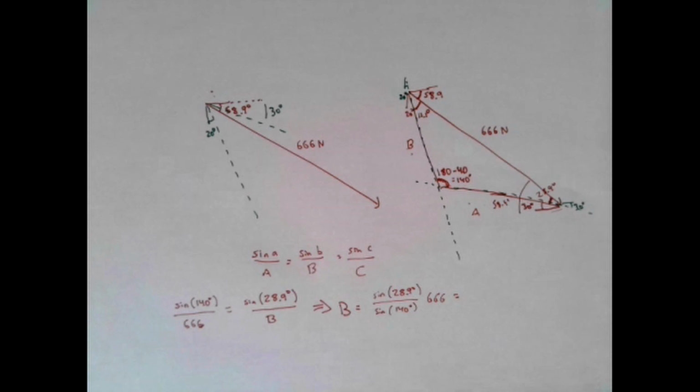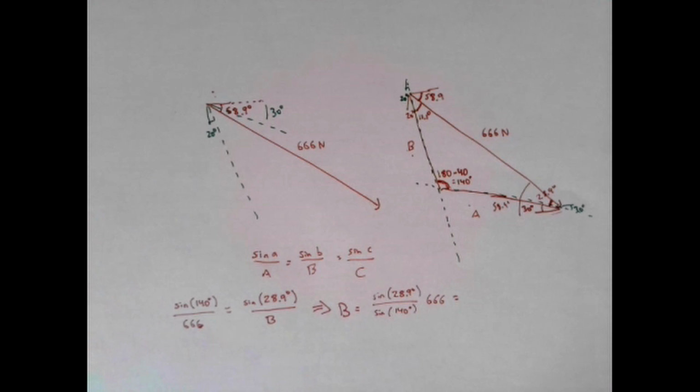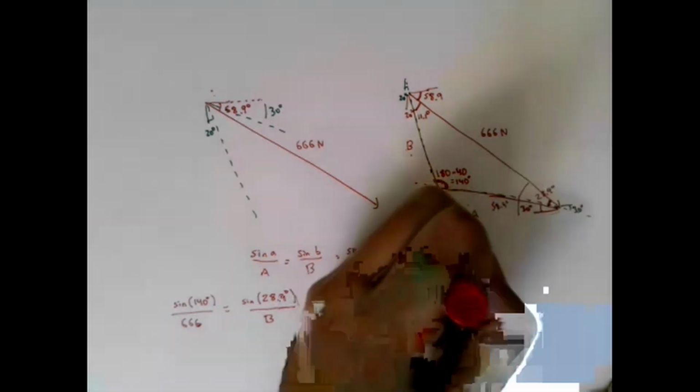Yeah, that would probably reduce mistakes. So sine 28.9 divided by sine 140 times 666 is 500.7.